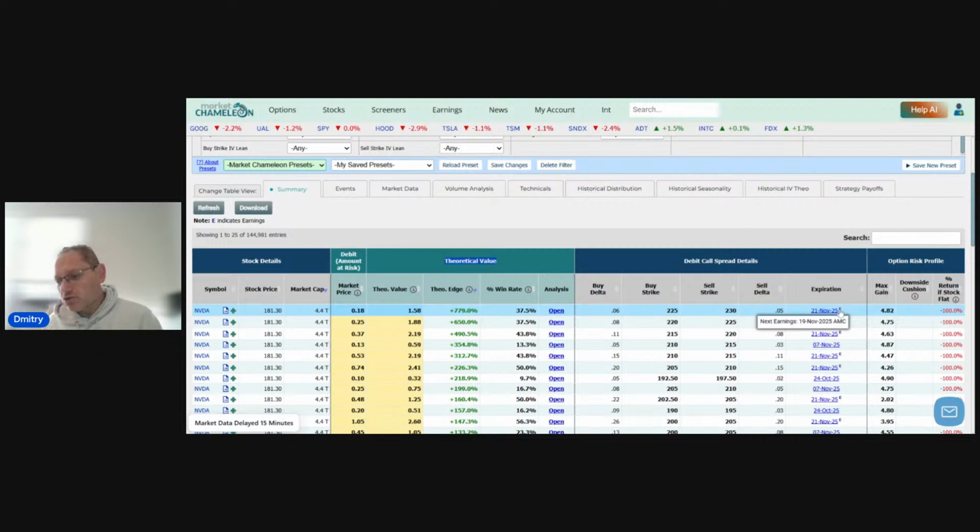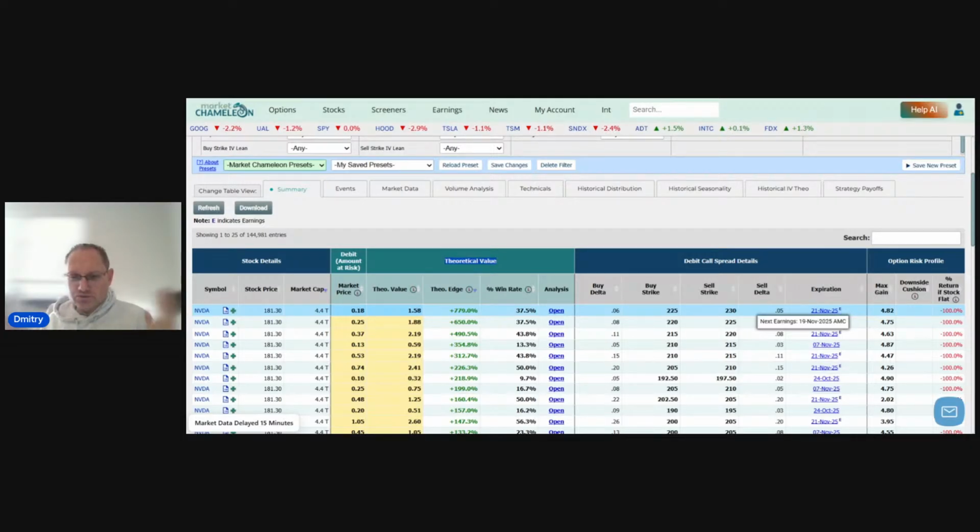So we're going to have to look at earnings historically, how the earnings moves compared, and take that historical data, the stock moves, and say if we took those stock moves and averaged them out, what in theory would this call spread be worth?